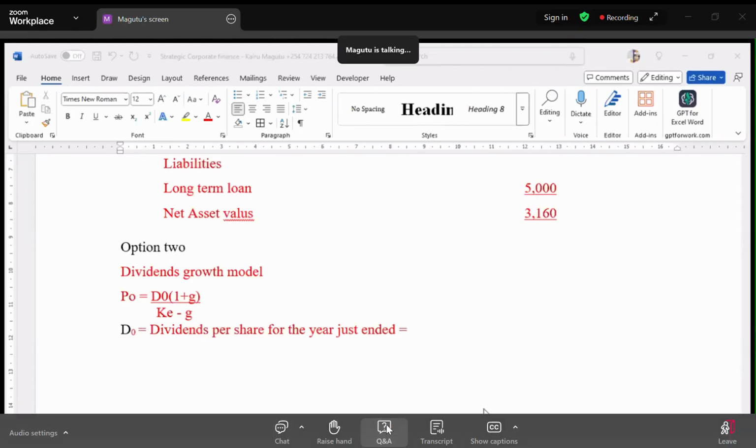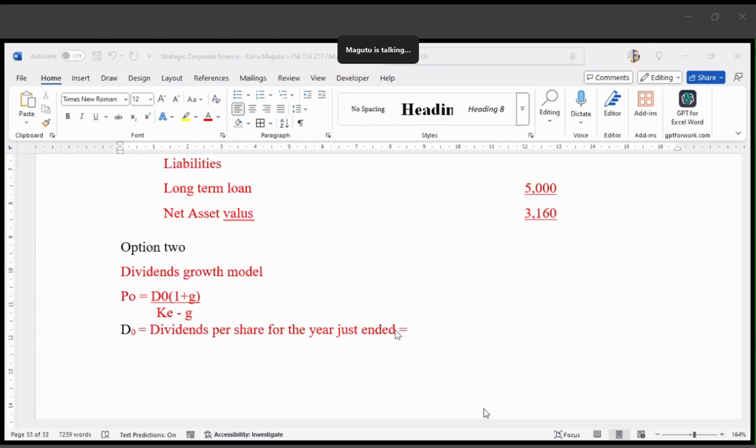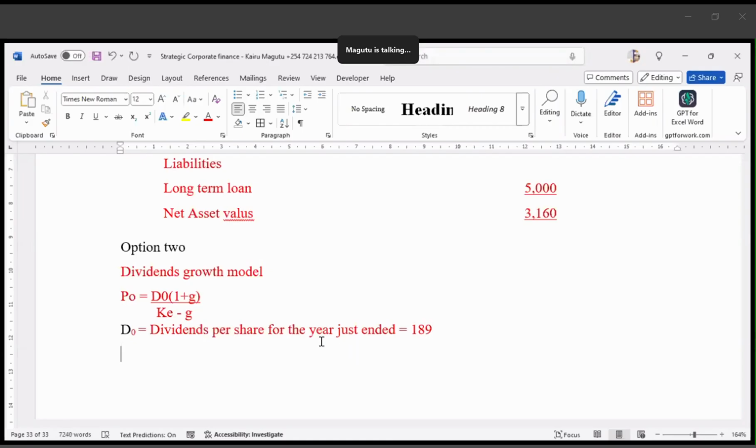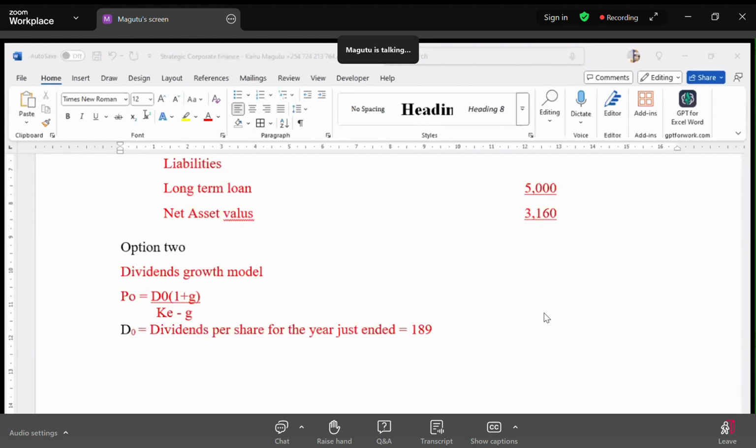Someone says 189. Someone is asking, why do you use only data for Nyabugogo? We are valuing the farm that is being acquired. So did someone say it is 189? Yes, it should be 189 as per the statement.